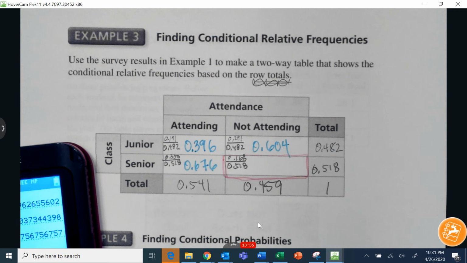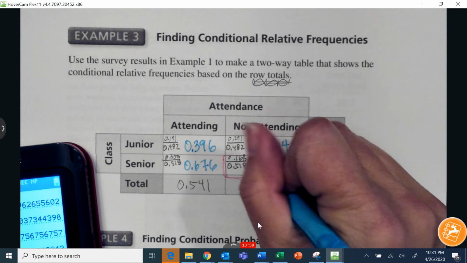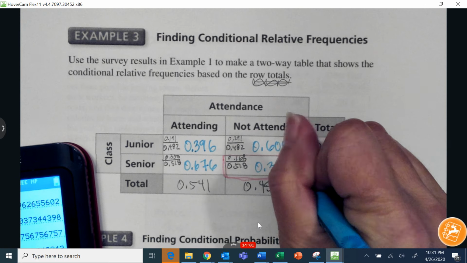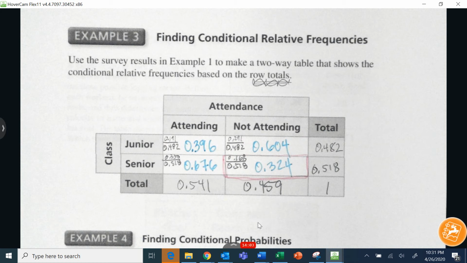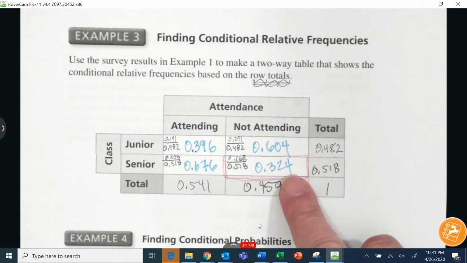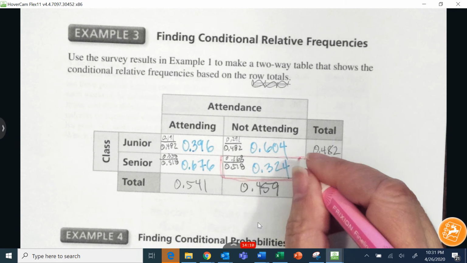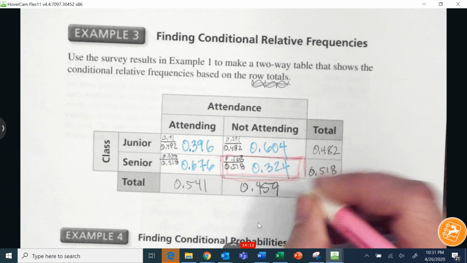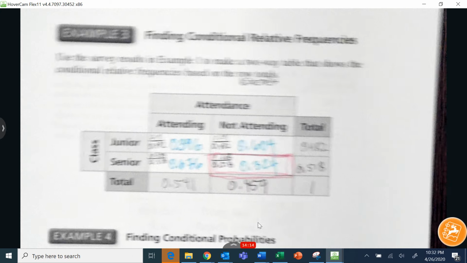And 0.168 divided by 0.518. Okay, so this particular box that I outlined, 0.324.